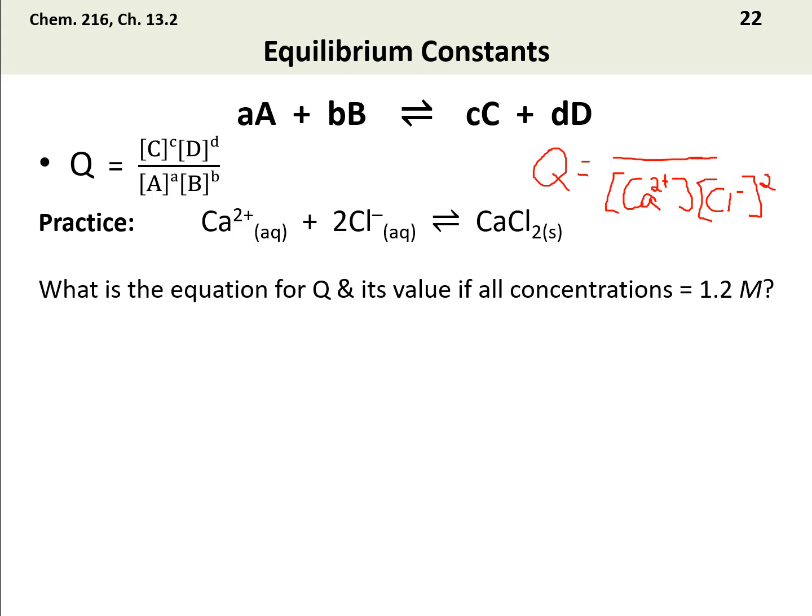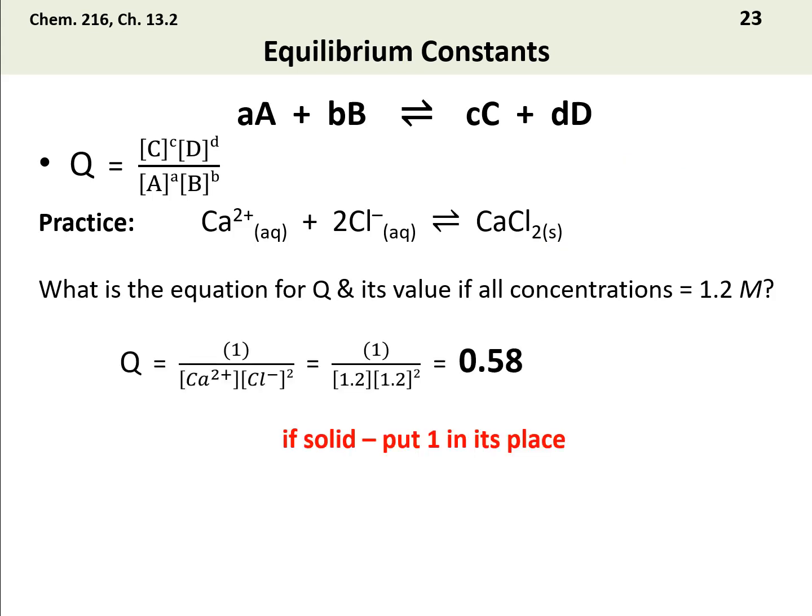But notice, in my products, I have a solid. So I put a 1 in its place. And then I can go ahead and do the calculation. It's very important that you add this 1 here. Because if you don't, then you might think that my Q is just equal to calcium times chloride squared.